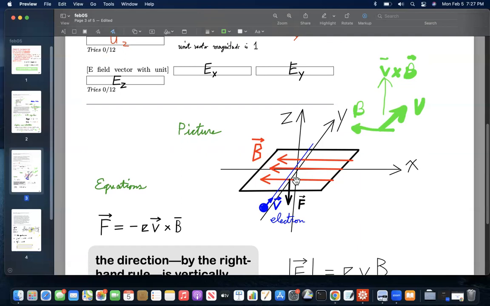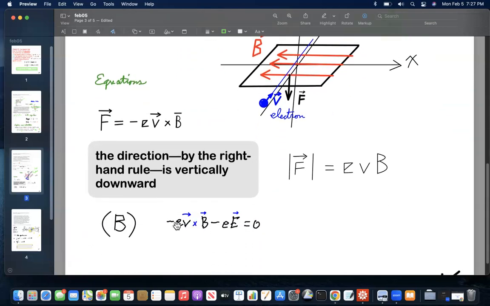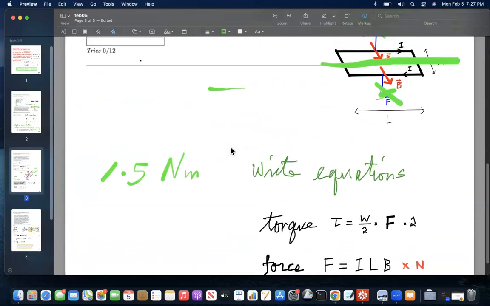So that means E has to be in the negative Z direction, so that the force is in the positive Z direction, force on a negative charge. So EX would be 0, EY would be 0, EZ would be in the negative direction. Well, you know, minus EV cross B minus EE, that would be the net force. So this is the net force on the electron. That has to be 0. And then the electron will just pass through that volume of space with no deflection, because the net force is 0.